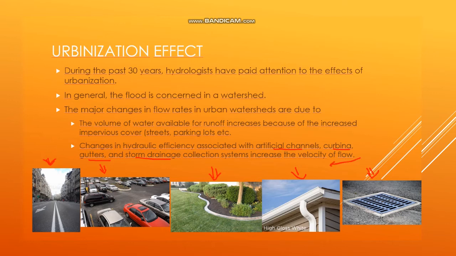So the flow is here, and from the roof it carries all the water, all the rainfall, and as you see here, the curb, there is an impervious region here.